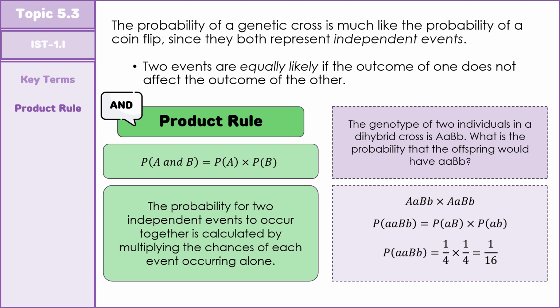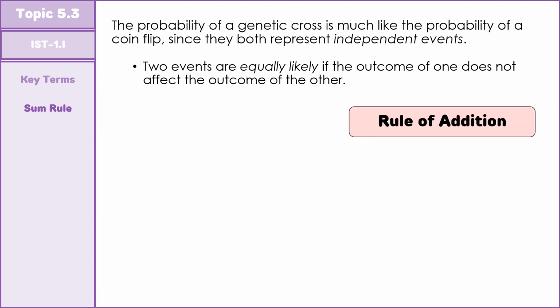And this is not the only rule that we can use. We also have what is known as the rule of addition, or our sum rule. And this is looking at events occurring independently of each other where we could have either/or.